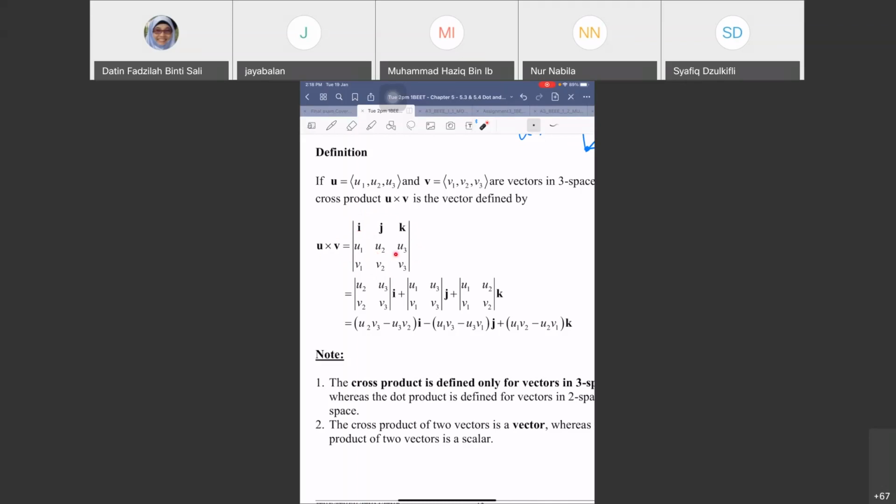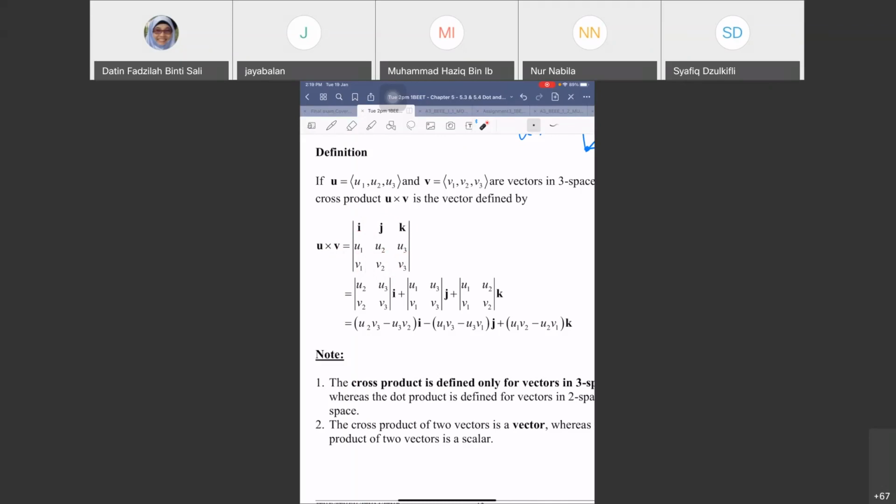Then the second row will be the components for vector u, because you have u first in u cross v, so u comes first, then v. So the second row is the components of vector u, and the last row is the components of vector v.